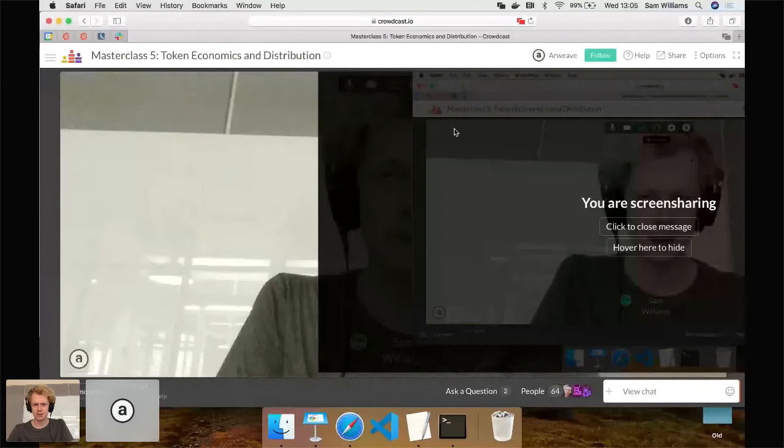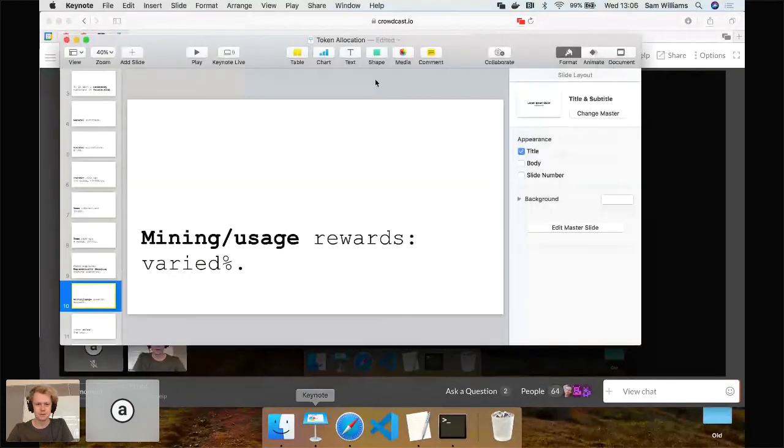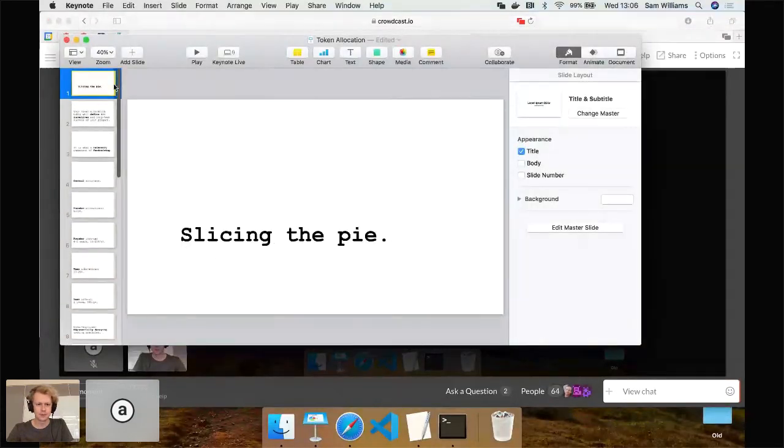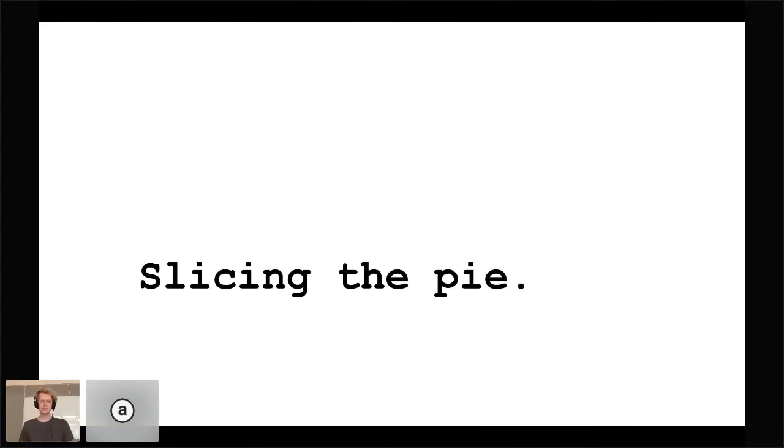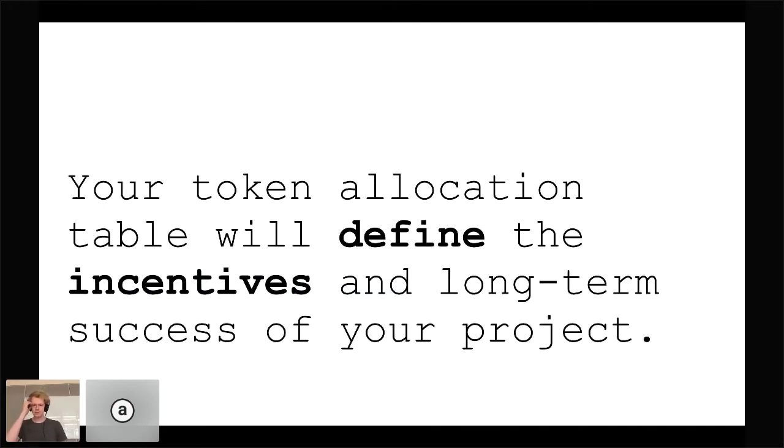Okay, so today we're going to be talking about how to manage and distribute your tokens. This is really an important part of any project. It's how you specify how the incentives will work for the participants that are involved in your project over a long period of time.